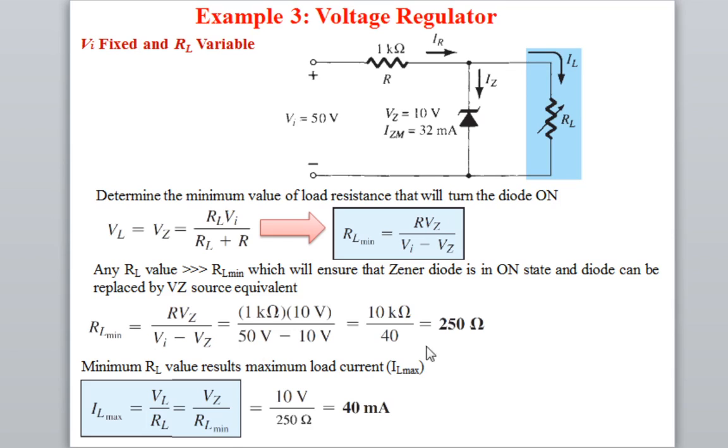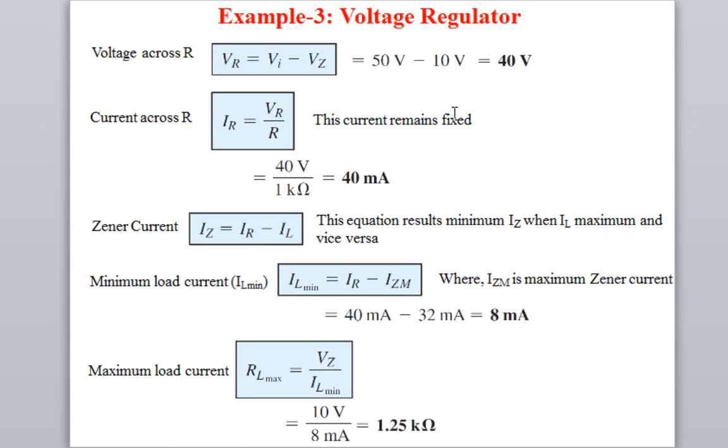RL minimum is known, VZ is known. So 10 divided by 250, that is 40 milliampere. So it means the maximum load current that can flow through this load resistance is 40 milliampere, when this load resistance is minimum and Zener is in conducting state.